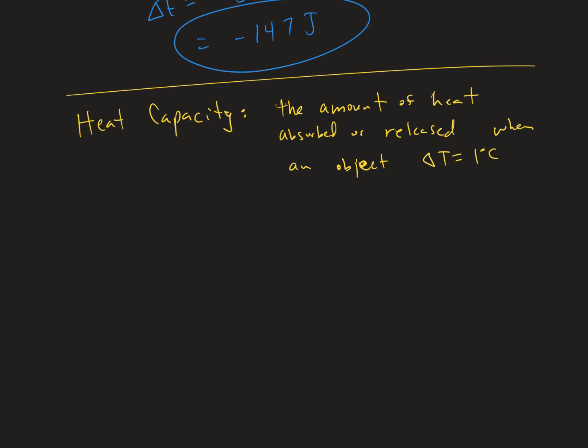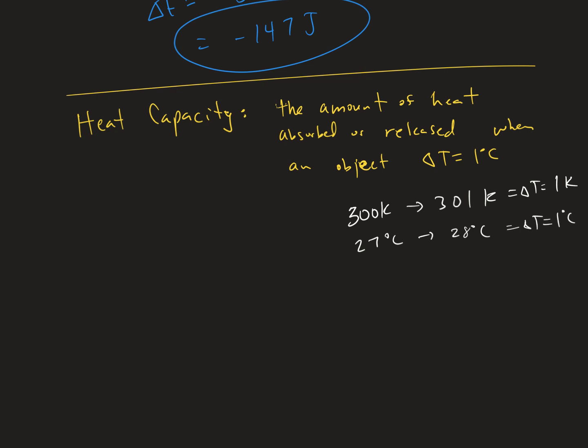Let's see. If we have 300 Kelvin and it goes up to 301 Kelvin, what's the change in temperature? 1 Kelvin. If we change this, this is going to be 27 degrees Celsius, and we go up to 28 degrees Celsius, delta T is also 1 degree Celsius.